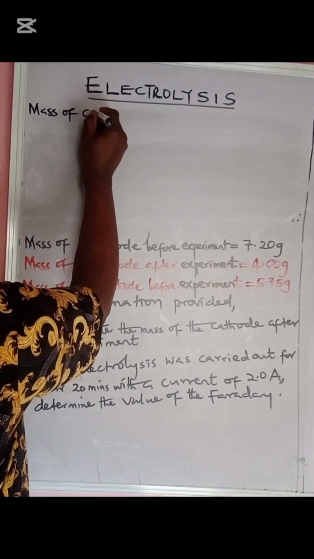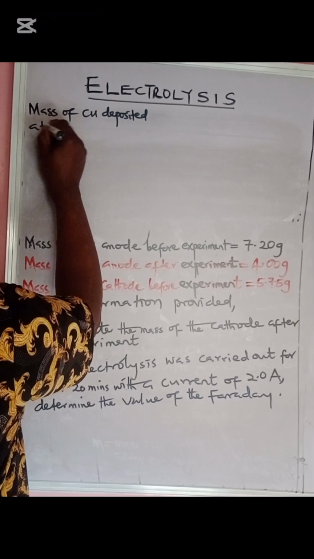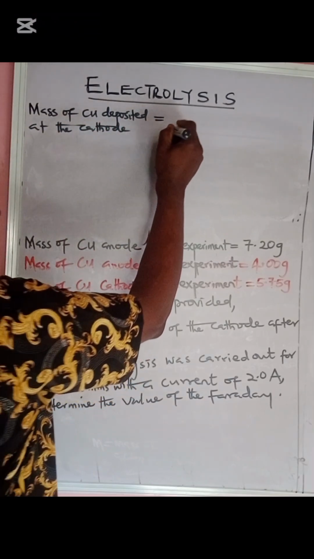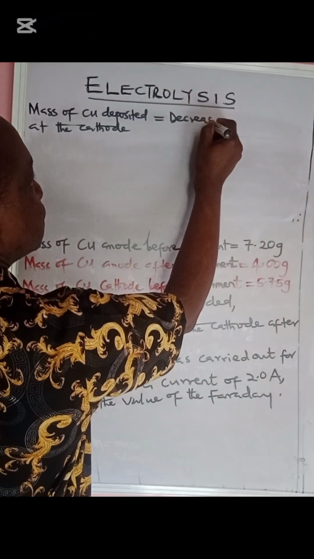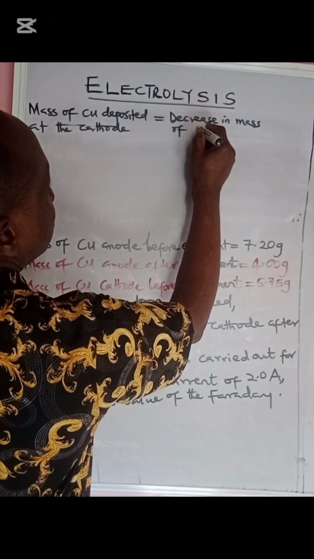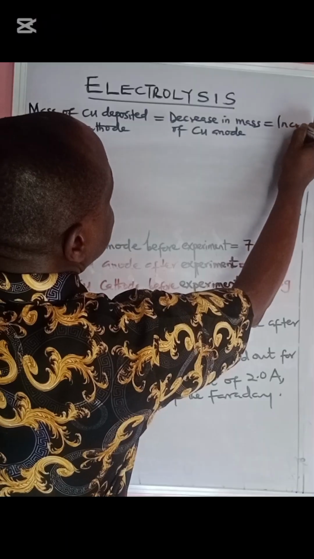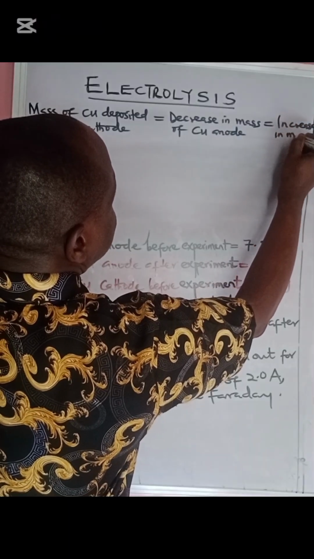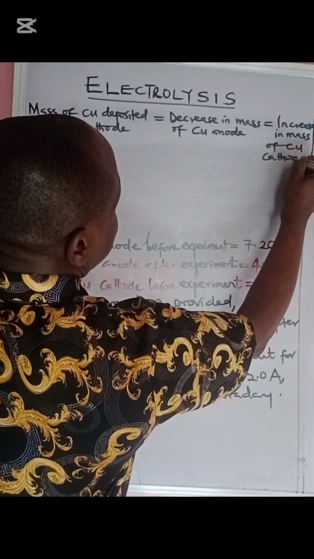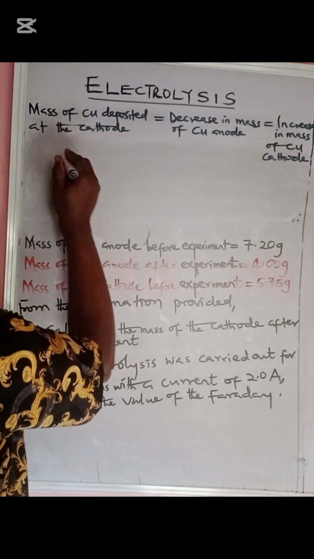Mass of copper deposited at the cathode. Still remember the equation: it is equal to the decrease in mass of copper anode, or is equal to the increase in mass of copper cathode. That's the equation. So what is the decrease in mass here?